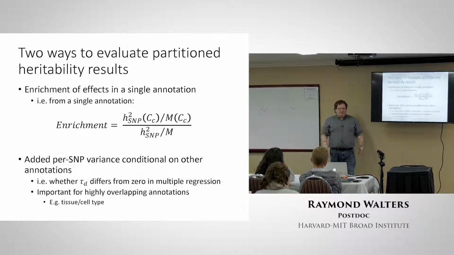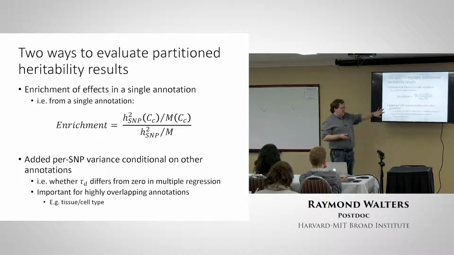Part of the idea is that something like enrichment, where you're summing over categories, is hopefully stable-ish regardless of what exactly you've put into your joint fit of this multiple regression model. Versus depending on all the annotations you're fitting at once, those taus can move around a lot, especially if you have strong amounts of overlap and correlation between these annotations.